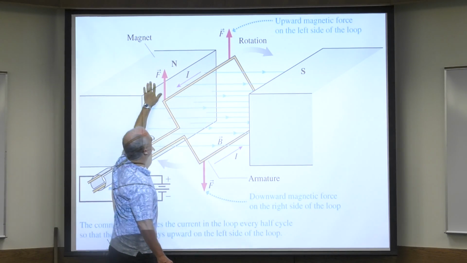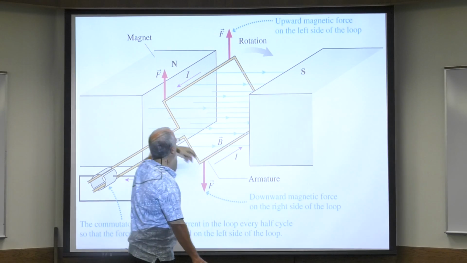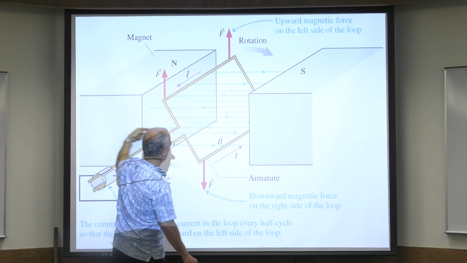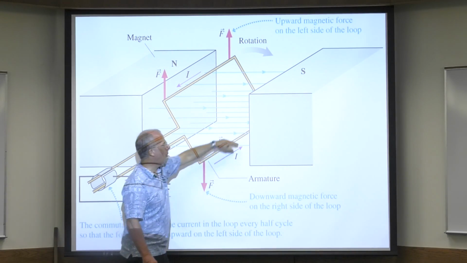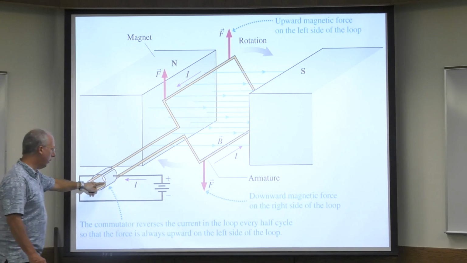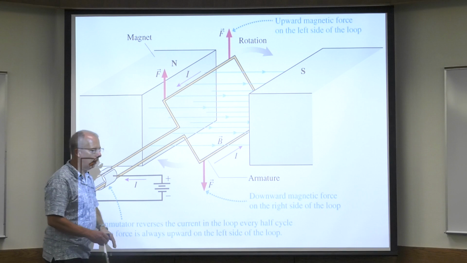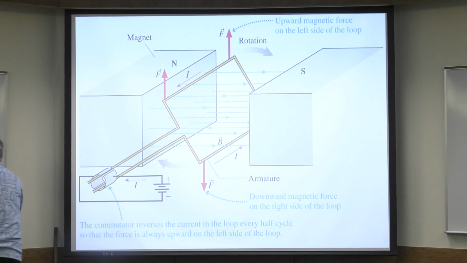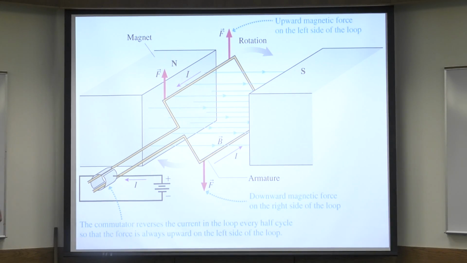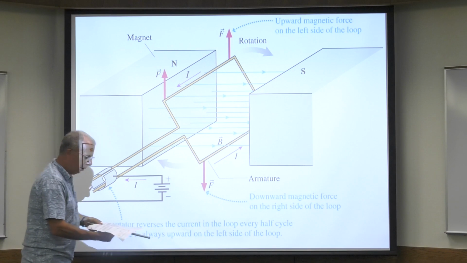But anyway, here's the north pole of a magnet, here's the south pole of a magnet. So you have a magnetic field in the direction shown. Here you have a rectangular wire loop. You put a current in it, and guess what it does to the loop? Causes it to spin.